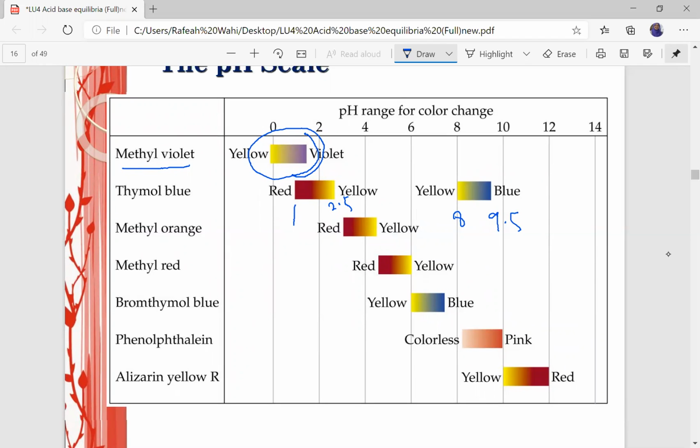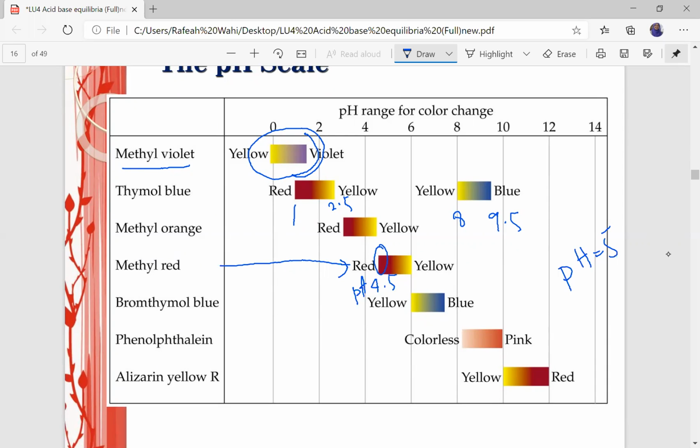The best type of indicator that you can use is an indicator which shows the pH change after pH 5. Meaning to say that although you see here methyl red can change color at pH 4.5, it cannot be used as a suitable indicator for your titration just now, because your titration's equivalence point is pH 5, and it changed color earlier than pH 5.